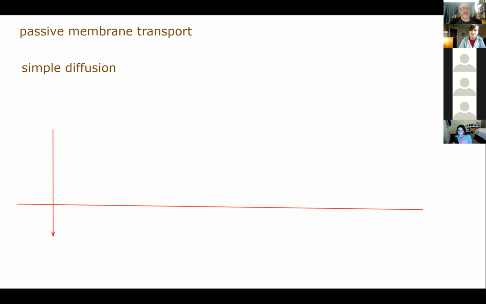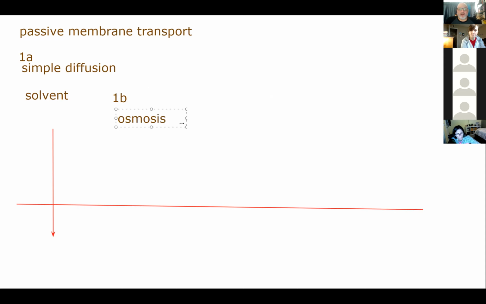Simple diffusion is basically typically the movement of something that is dissolved in water. But if simple diffusion is 1A of passive membrane transport, then 1B of passive membrane transport is osmosis.